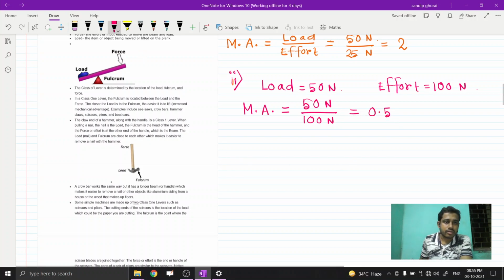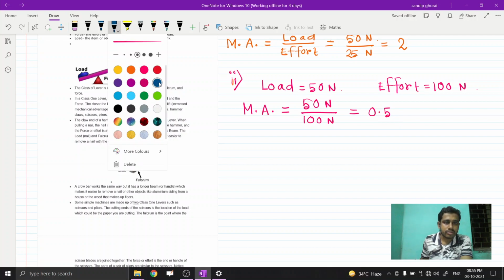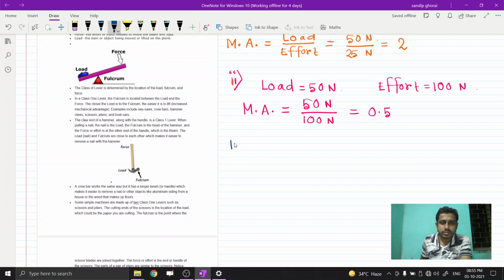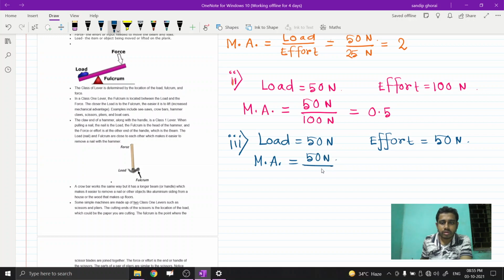Okay, and we take another condition, which is the third one. In this case we take load is equal to 50 Newton and also effort is equal to 50 Newton. Then mechanical advantage is equal to 50 Newton divided by 50 Newton, that is equal to 1.